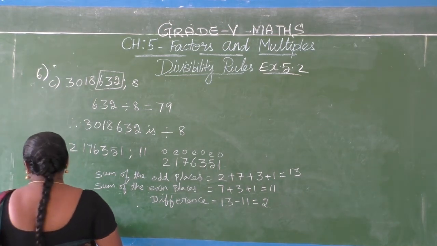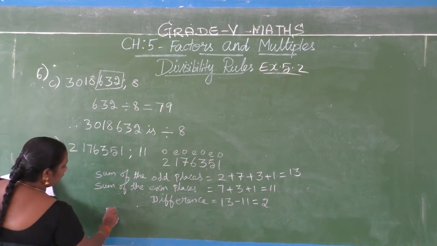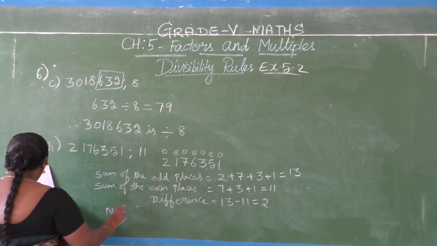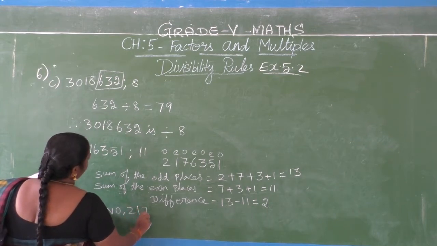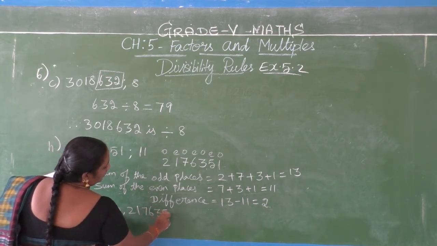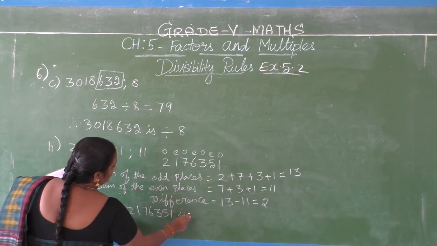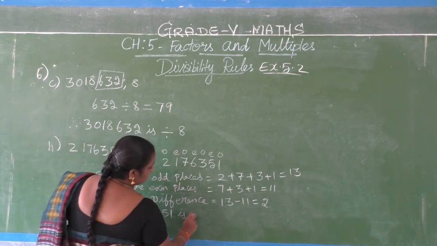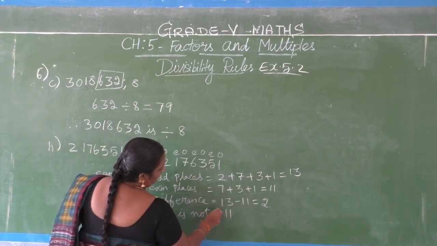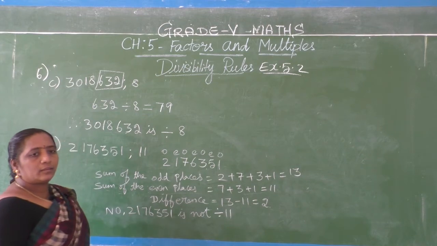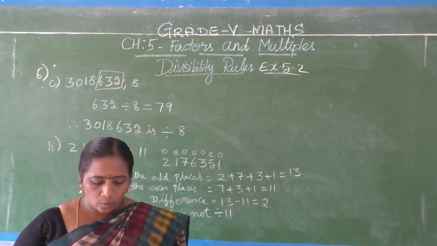So you have to write no. This whole number is not divisible by 11.